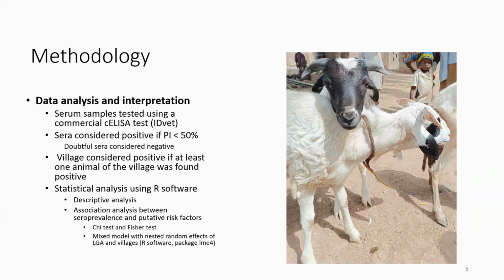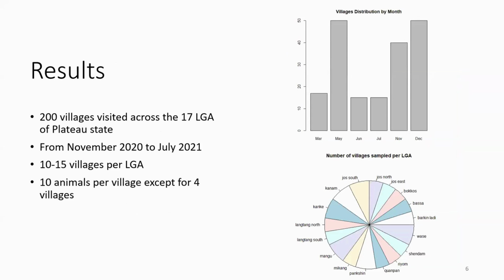And we also used a mixed model with nested random effects on local government and villages to be able to know the probability or the proportion of infectivity, or the relation between age as well as village, related to village and species, and across all the local governments in the state.